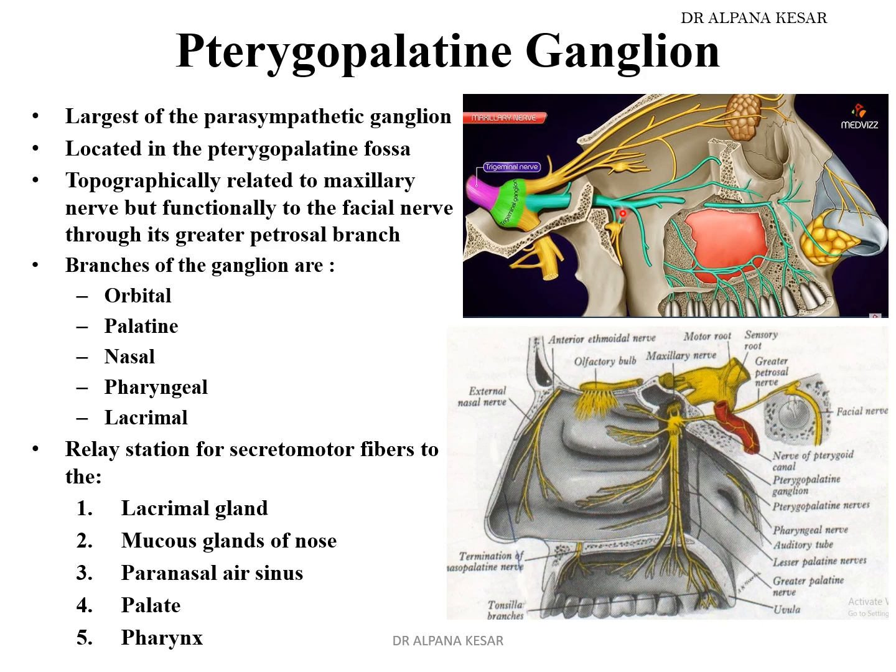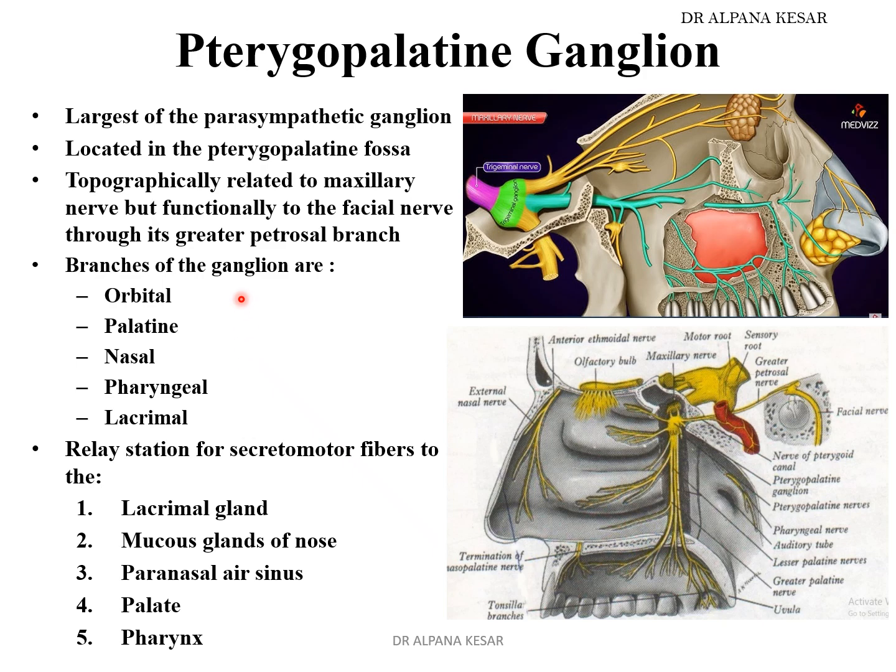Functionally, it is related to the greater petrosal branch of facial nerve, as the preganglionic parasympathetic fibers that relay into pterygopalatine ganglion reach it through the branches of facial nerve. The branches of pterygopalatine ganglion are orbital nerve, palatine nerve, nasal nerve, pharyngeal nerve, and lacrimal nerve.